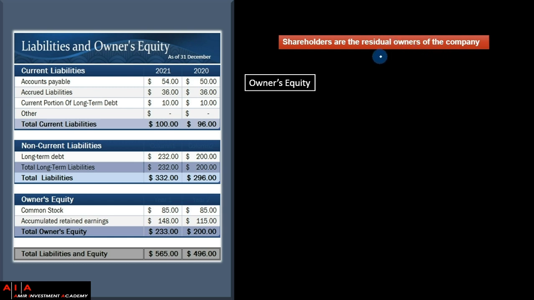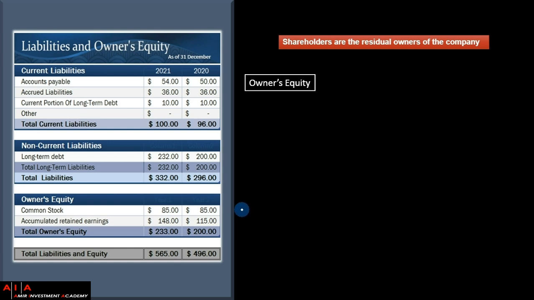Residual means that after all the debt has been paid off, whatever is left, that's what's yours, because you're the owner. Like I said, owner's equity is another way that we can finance the assets, and that can happen in two ways. That's why we have two main sections in owner's equity. The first one is common stock. The second one is the accumulated retained earnings.